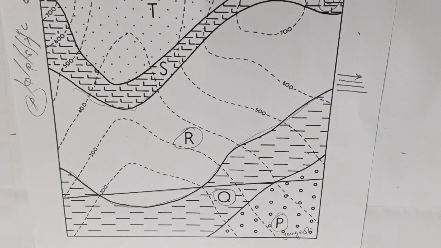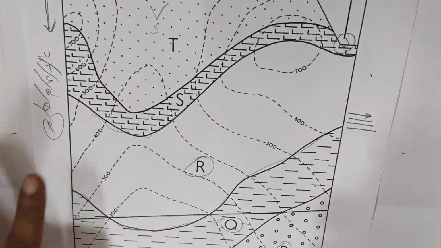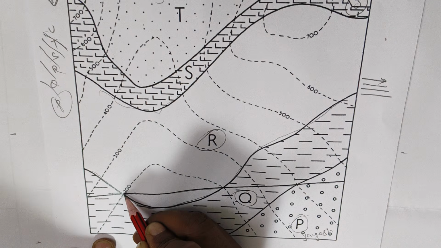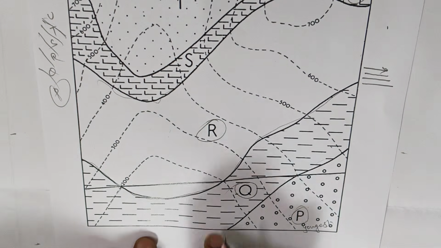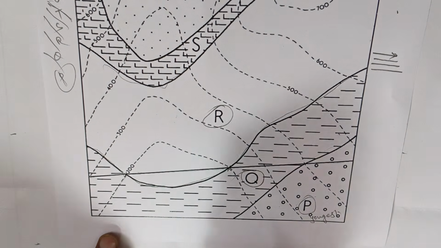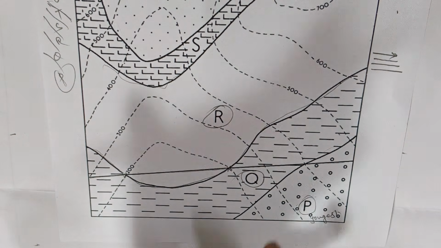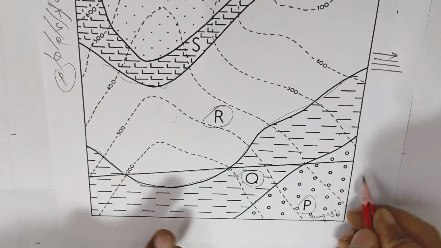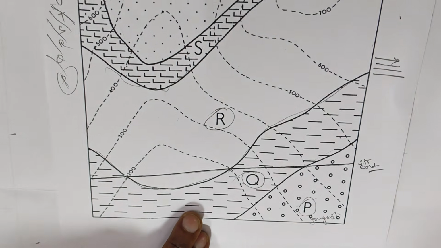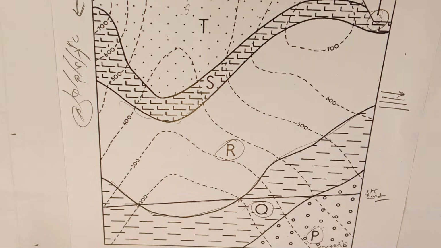So how will it be drawn? One contour intersects this bedding plane at 200, and the same contour intersects the bedding plane at this point. Connecting these 2 points, we draw a line which is known as a structure contour. Like that we will draw for each bedding plane, and we will calculate the amount of dip and dip direction.